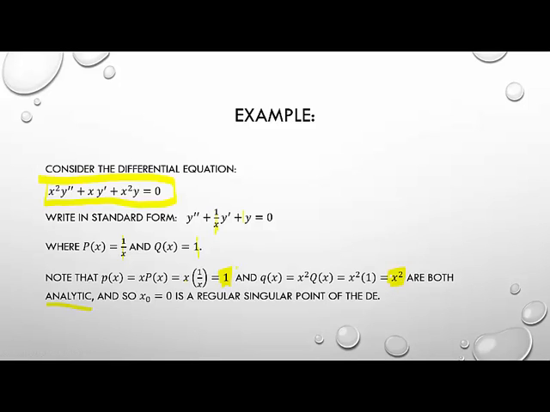It's not analytic in capital P, but it becomes analytic in little p, and it's analytic in Q, and the fact that it's not analytic in big P but becomes analytic in little p means that we do have a regular singular point. So we're going to get to apply Frobenius' theorem.